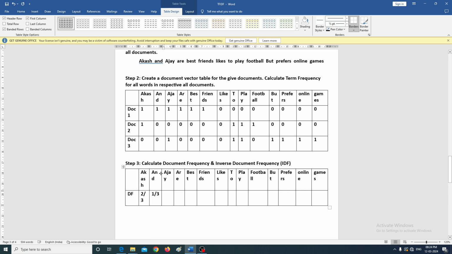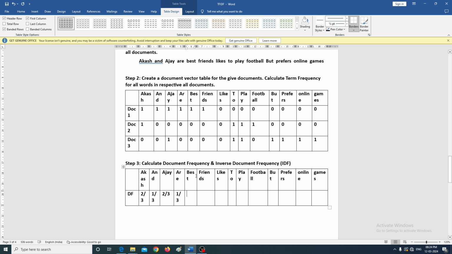Next, the Ajay word is available in 2 documents, so the document frequency of the Ajay word would be 2/3. Next, R is available in only 1 document, so 1/3.